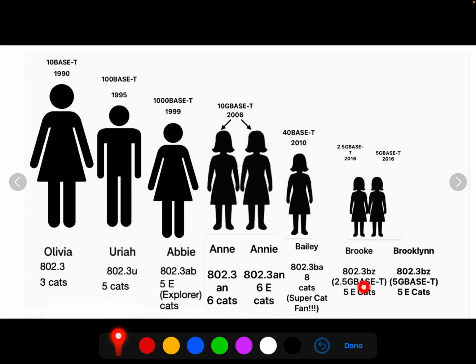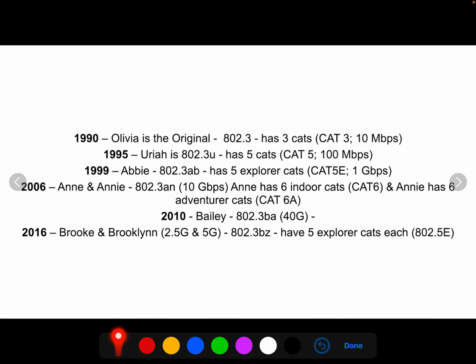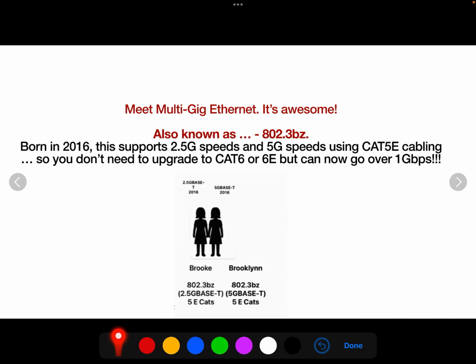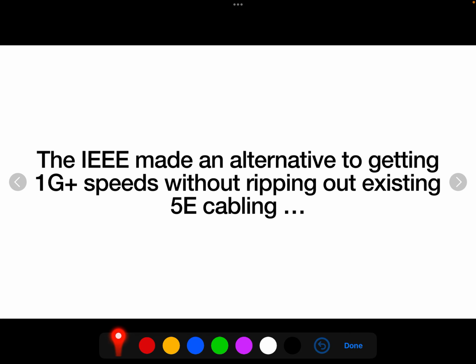Now these don't quite do the speed of Bailey, H.3BA, but there's a reason. What happened was that there was a need for an alternative to getting 1 gig plus speeds for organizations without ripping out existing 5e cabling.